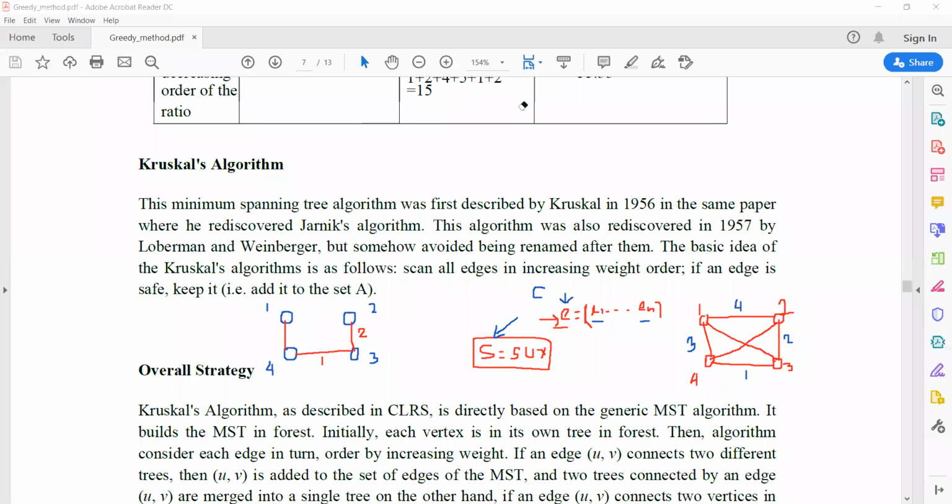I'm making the value of this 3, and this is a 6.